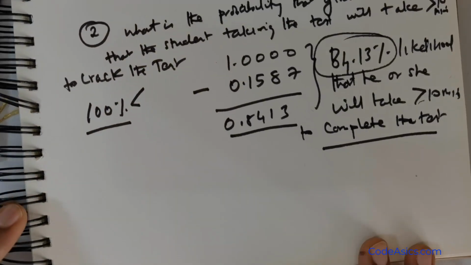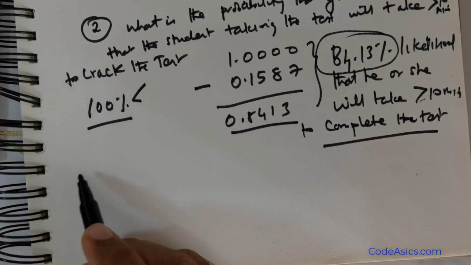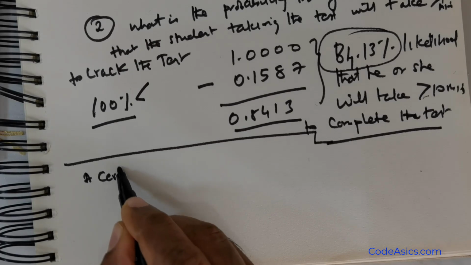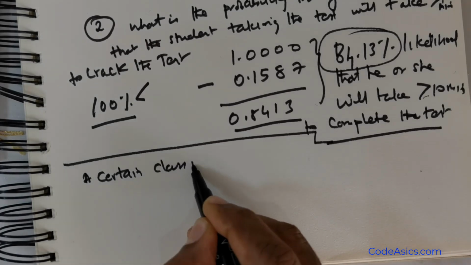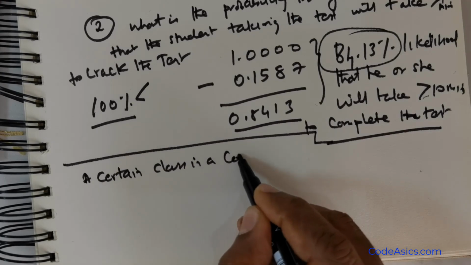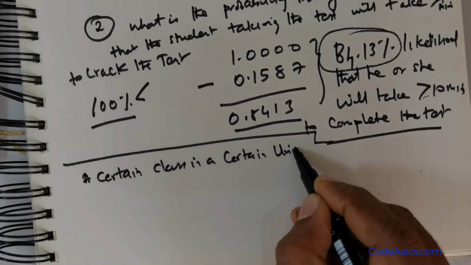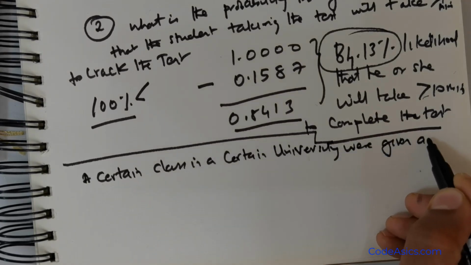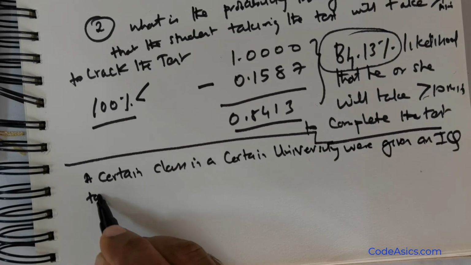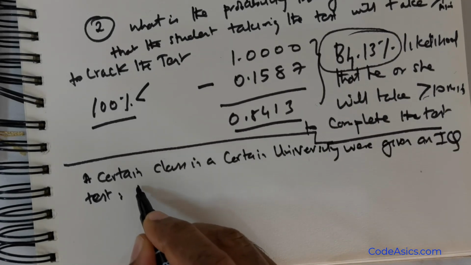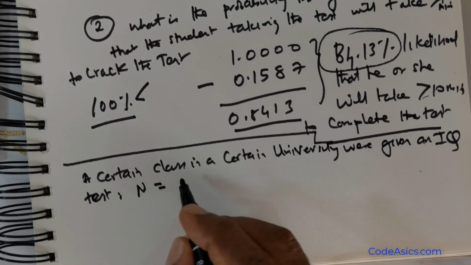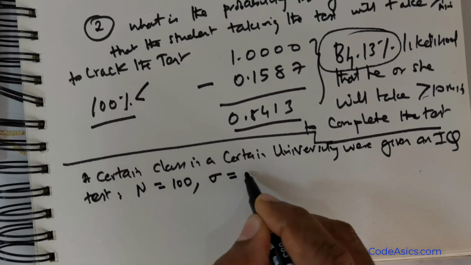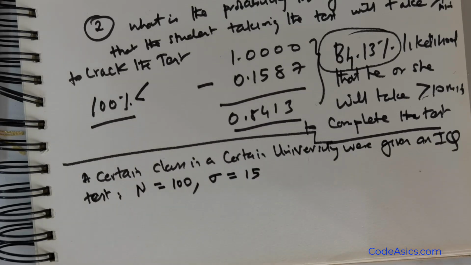Right? Okay, so let me give you another illustration for this concept. A certain class in a certain university were given an IQ test. The mean score was found to be 100 and standard deviation was found to be 15.